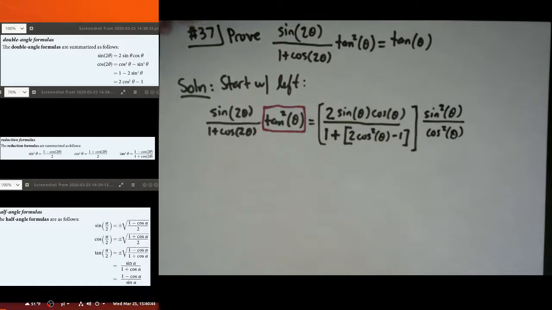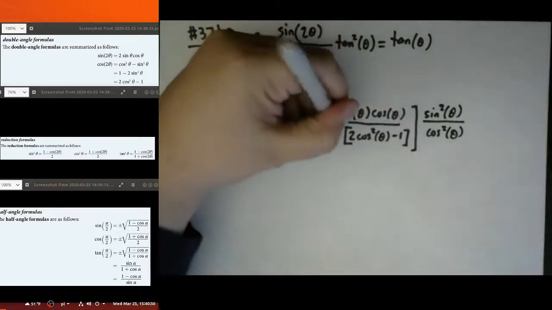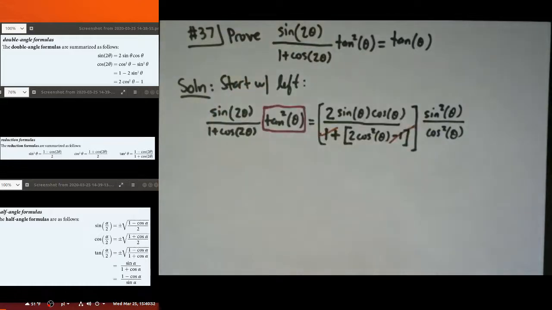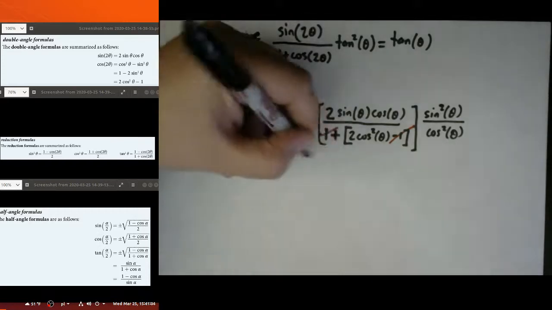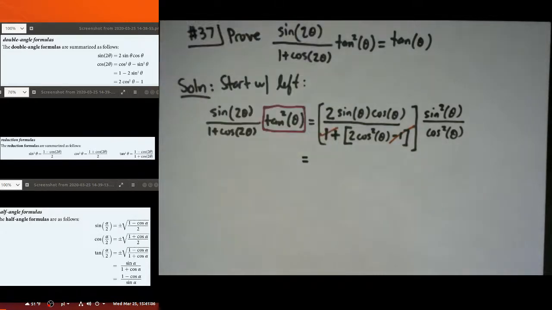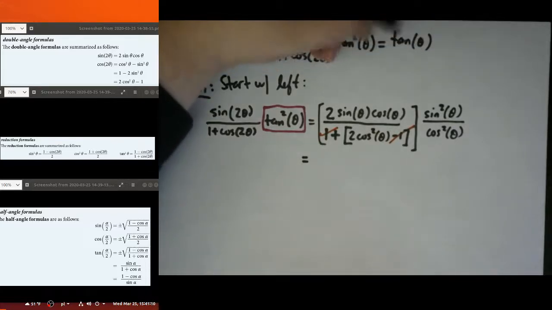So we've done a lot of good work here. So the first thing is that 1 minus 1 is 0. So those are just plain out gone. Okay, we don't have to worry about those anymore. The 2 here I'm still a little concerned with, but I'll worry about it in a minute. Let's clean up what we got here. Now remember, our goal is to end up with tangent.